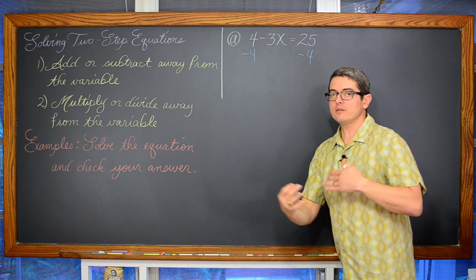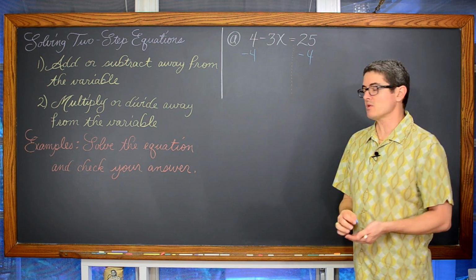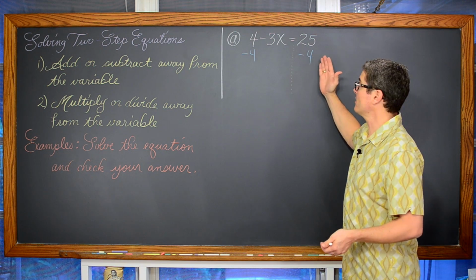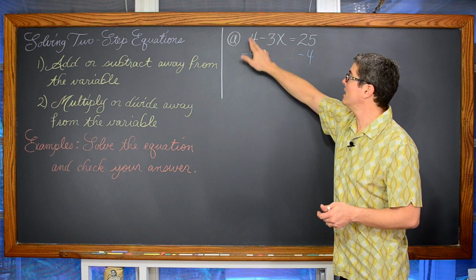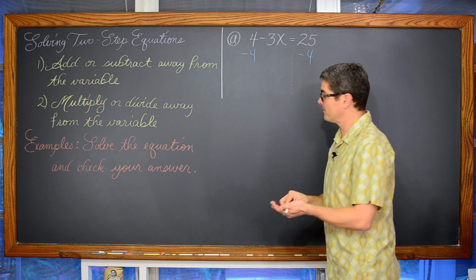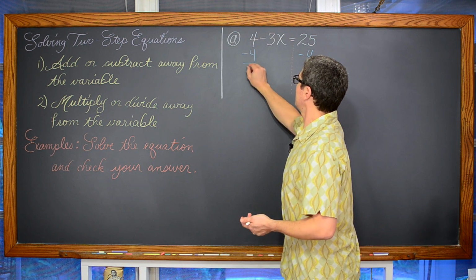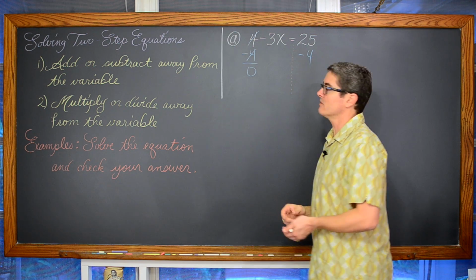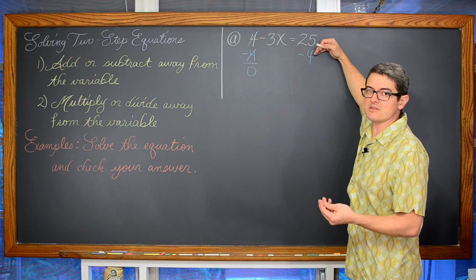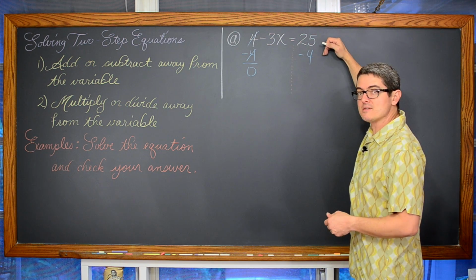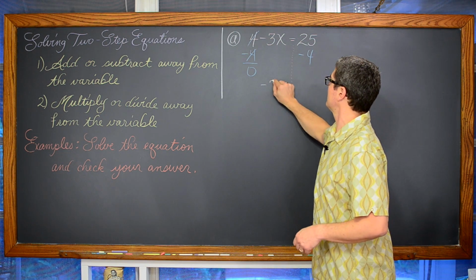And we can do pretty much anything we want to an equation as long as we do it once to the left and once to the right. So the opposite of an addition of 4 is a subtraction of 4, and 4 minus 4 is equal to 0. So in effect, those 4s are going to cancel each other out, moving that 4, as I like to say, over to the right side of the equation, away from the x. And we have negative 3.